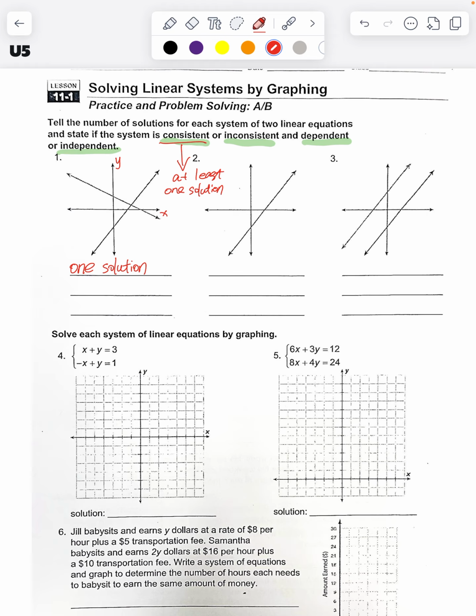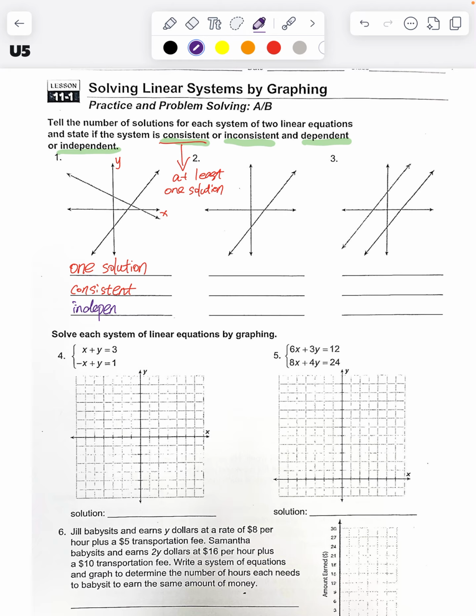So yes, it's consistent. What about dependent or independent? Independent. So this one is independent. Why? Because independent means exactly one solution.